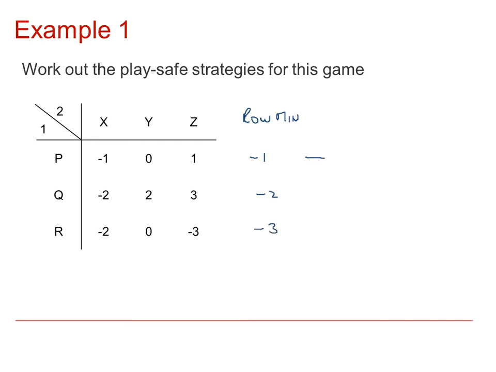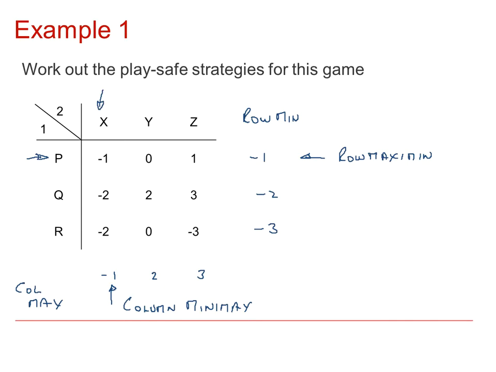And so the play safe is given by the row maximin, and that is equal to -1, giving player 1's play safe strategy as P. The column maximum values that we need to look at for player 2 are -1, 2 and 3, and so for player 2 we want the column minimax, and that's equal to -1, giving a play safe strategy for player 2 as X. That means that if player 1 plays P and player 2 plays X, player 1 is going to lose 1 unit and player 2 gain 1 unit.